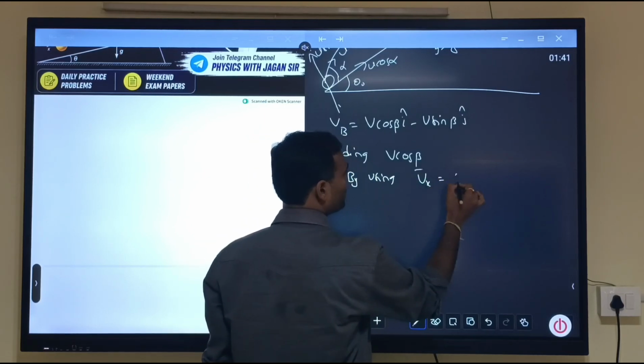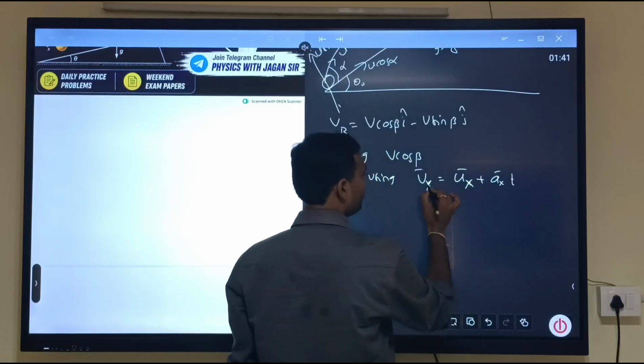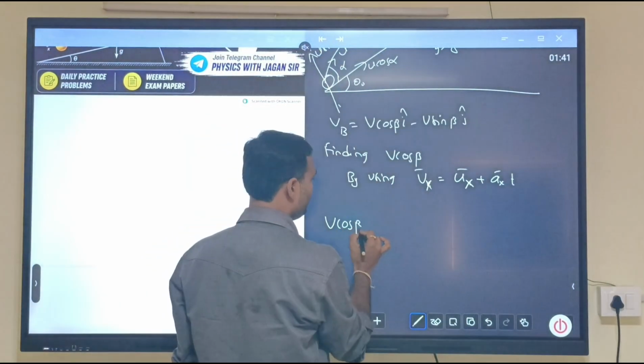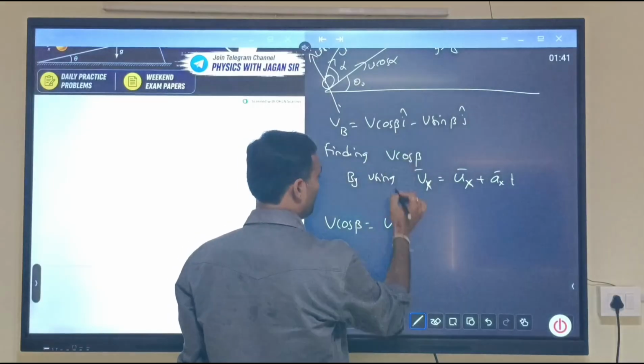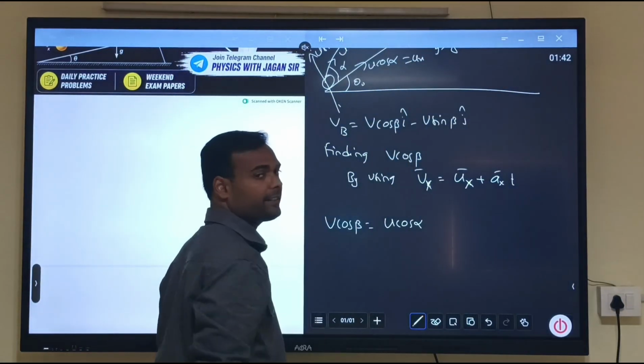Now, by using Vx is equal to ux plus ax t, and all are on the capital X axis. Now, v cos theta is equal to u cos alpha, according to this. This is ux along the x axis.